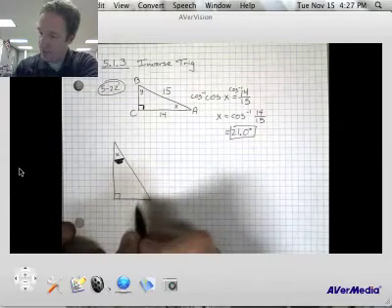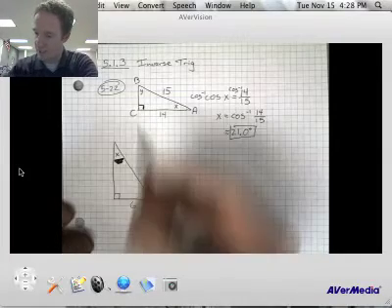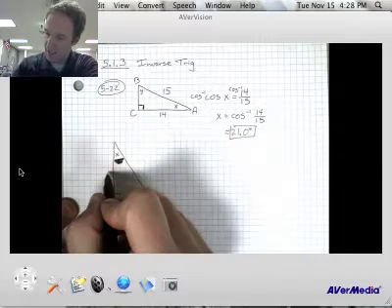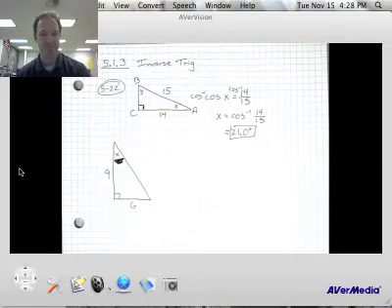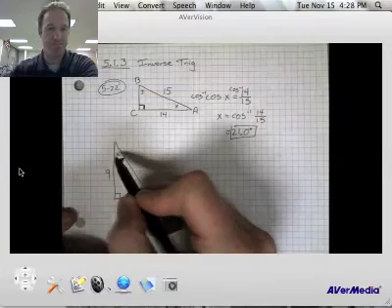And we know that this side is 6 units, and this one is 1, 2, 3, 4, 5, 6, 7, 8, 9 units. And again, we want to find this angle.